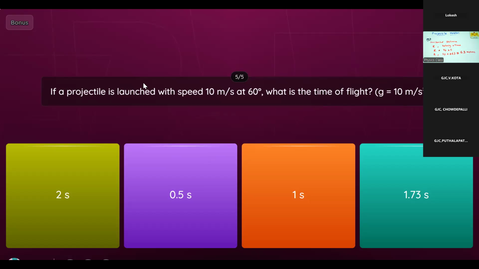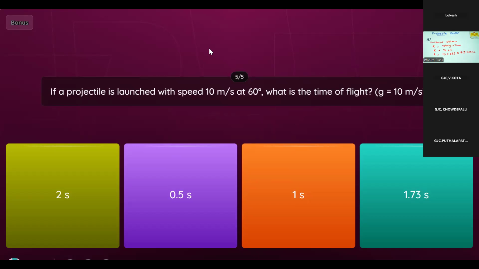So the answer is 1.73 seconds. 2 into 10 into sin 60 by 10. We can cancel out the 2 by 10, which is 1 by 5. Then 10 sin 60 gives root 3 by 2. In the final, we can take the value of root 3 as 1.732, so we can take it as 1.73.